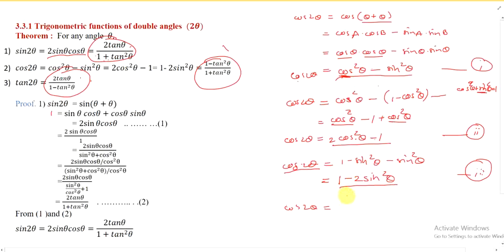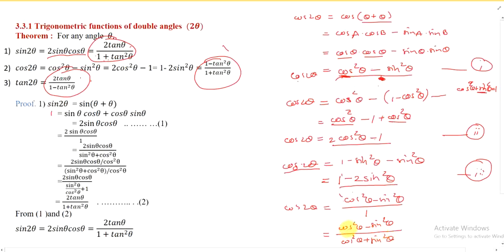So how is it obtained? By using the same one. Now let us consider the same result, that is cos square theta minus sin square theta upon 1. And again by using the identity, 1 is equal to cos square theta plus sin square theta.